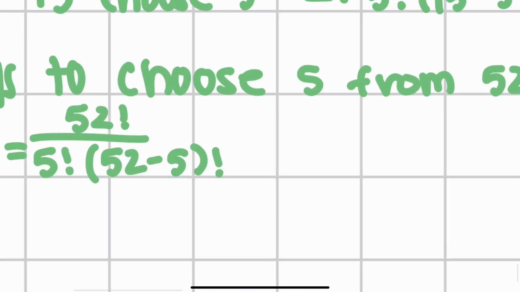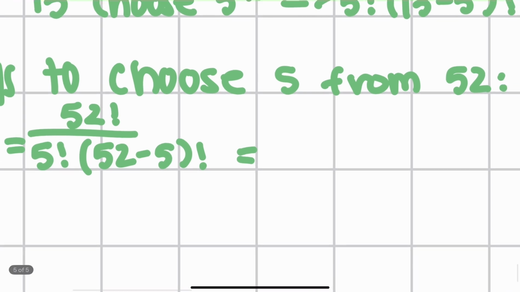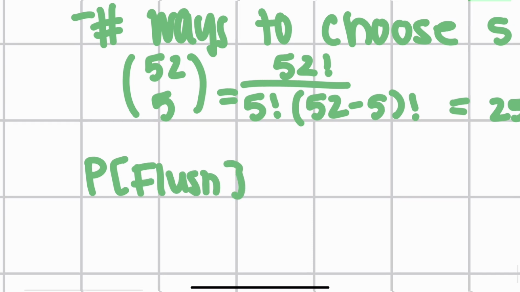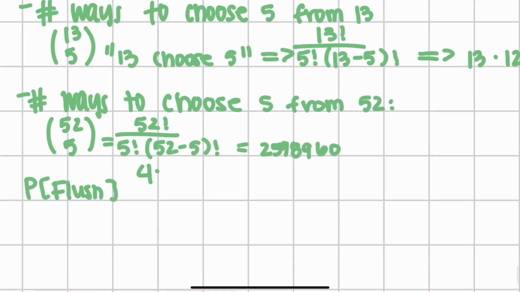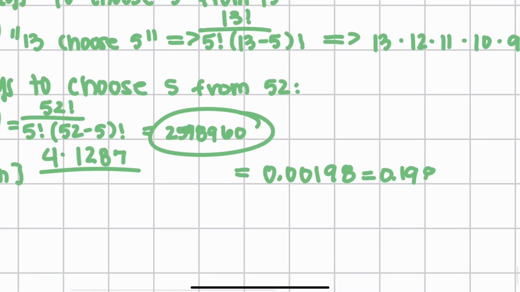And this comes out to equal 2,598,960. So to find the probability of a flush, we take 4 times 1,287 divided by this number, and that equals 0.00198, which is 0.198%.